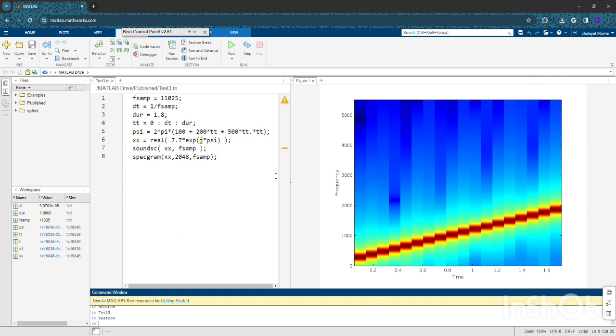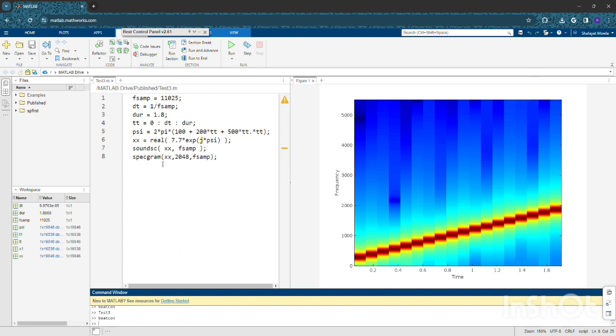But the spectrogram will tell you how the frequency is changing during the whole time, so how the instantaneous frequency is changing, starting from 0 to 1.8 seconds. Here we can see it starts from 100 hertz and ends near 2000 hertz, and this is linear. That's why this is called a chirp signal.